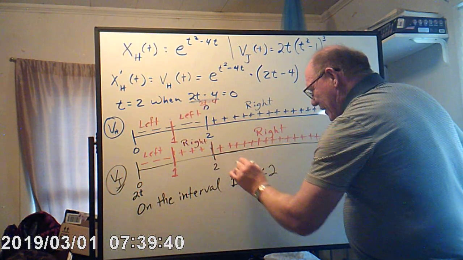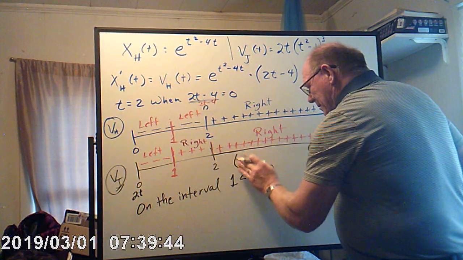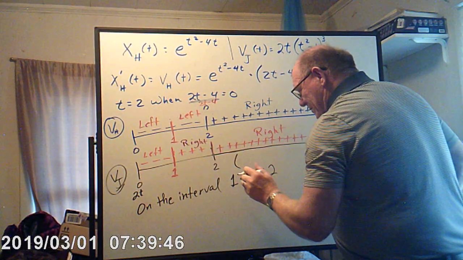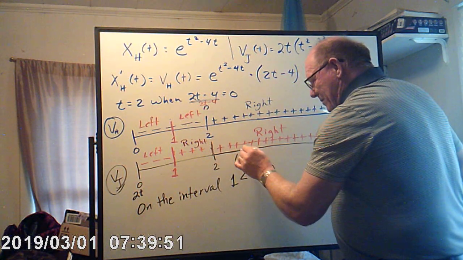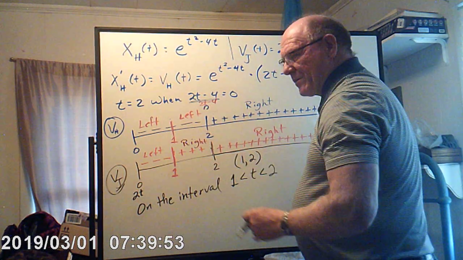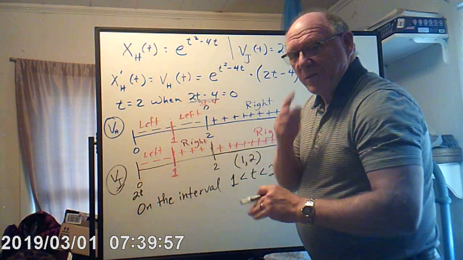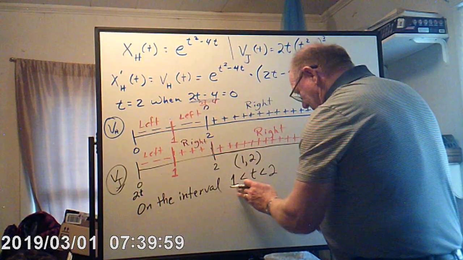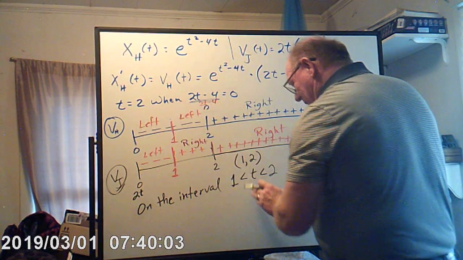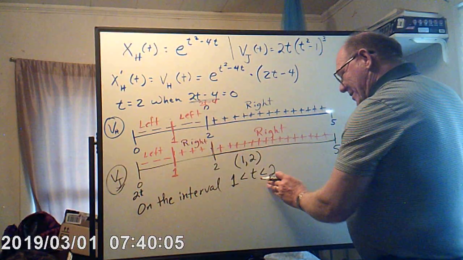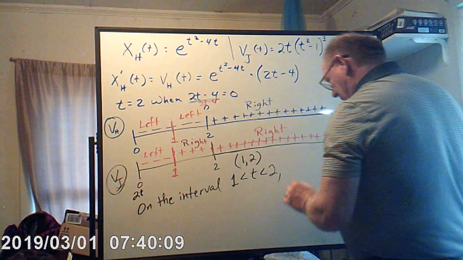And by the way, you can also write 1 on the open interval, 1 comma 2. Open because if you block it in, it's a closed interval. If you put parentheses around it, it's an open interval. That's not at the point 1 comma 2. So a lot of times, to make that distinction, we put t between 1 and 2, just like that, with less than symbols, on the interval from 1 to 2.